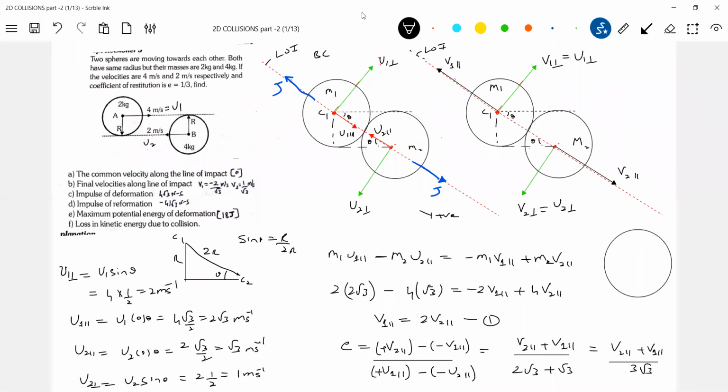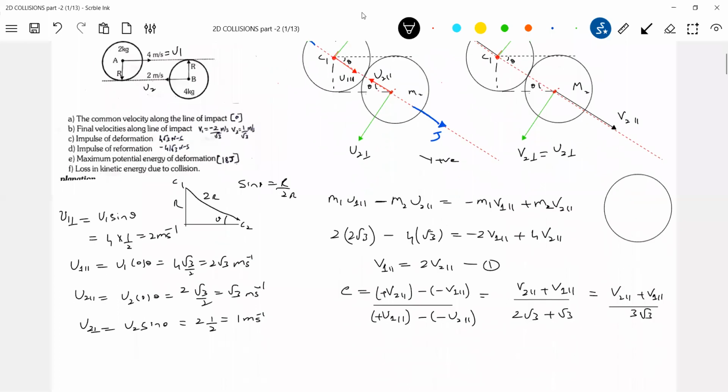The value of e we know. The value of e given is how much? 1 by 3. Substituting that, 1 by 3 is equal to v2 parallel plus v1 parallel over root 3. Substitute v1 parallel equal to 2 v2 parallel, so v2 parallel should be equal to 1 by root 3.